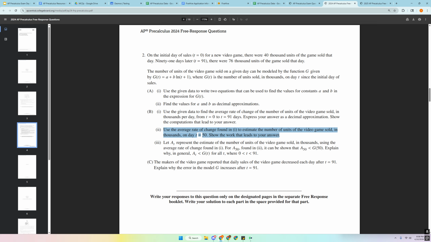Then you would use that to approximate t equals 50 by setting up point slope form. And then from here, you would continue to do that, and you would explain why the model is inconsistent after t equals 91. You pretty much just say that our data range is only from 0 to 91.